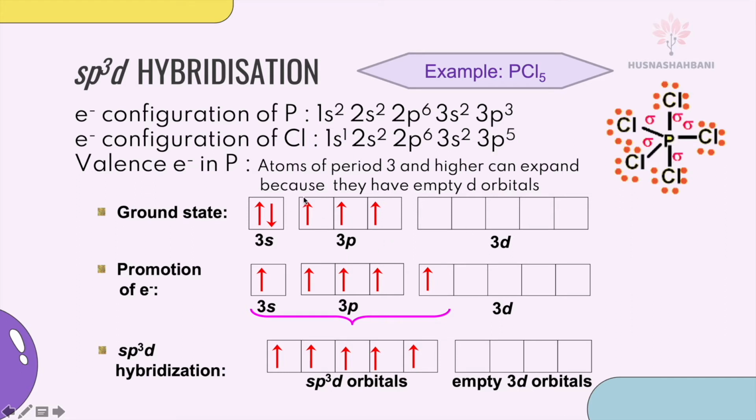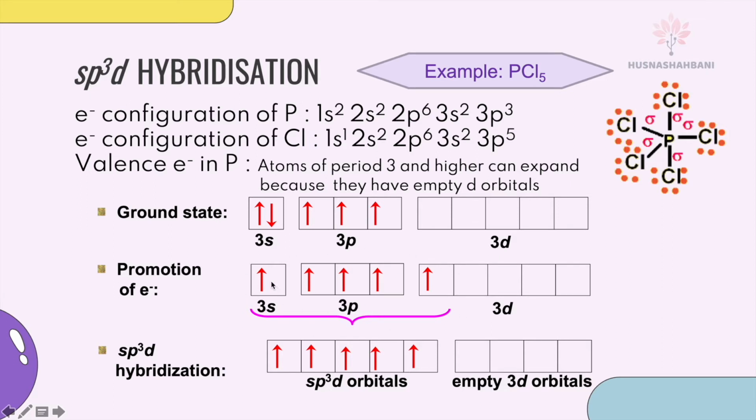In the ground state, it has 3 unpaired electrons. In promotion of electron, it needs 5 unpaired electrons. So we have to take one electron from the pair in the 3s orbital and put it in the empty 3d orbital, making 5 unpaired electrons in total.